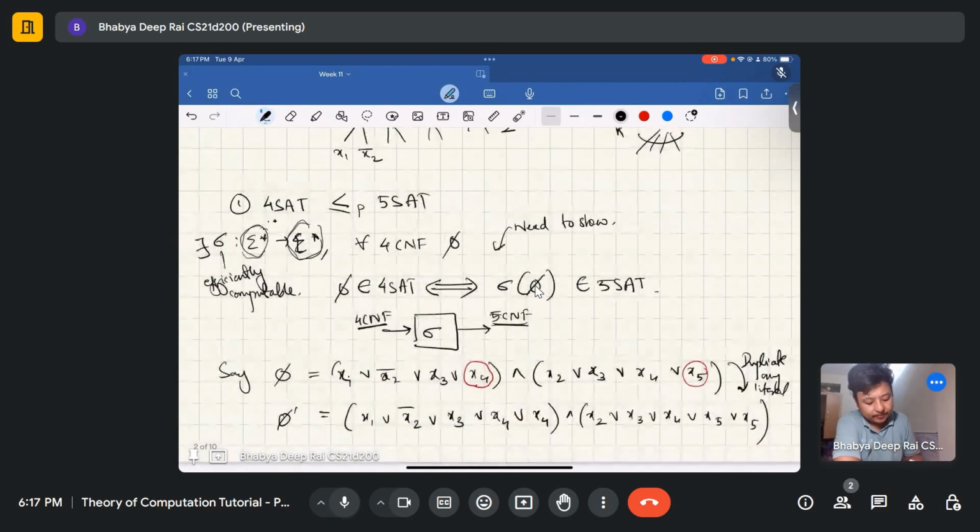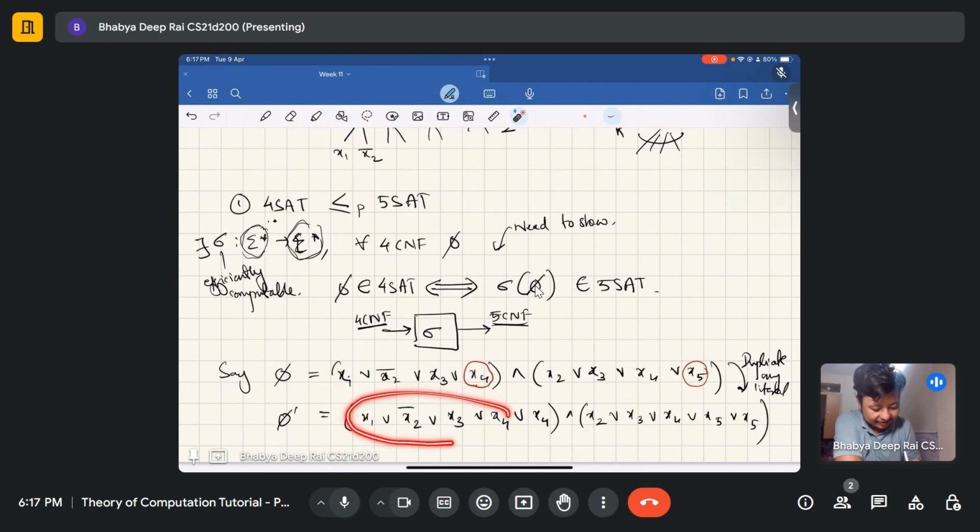Now what do I observe? Observe that for this formula to be satisfiable, both these clauses must be satisfiable. Similarly, for this formula to be satisfiable, both these clauses must be satisfiable. Now, if this clause is satisfiable, then this part is satisfiable. If this clause is satisfiable, then this entire part is satisfiable.